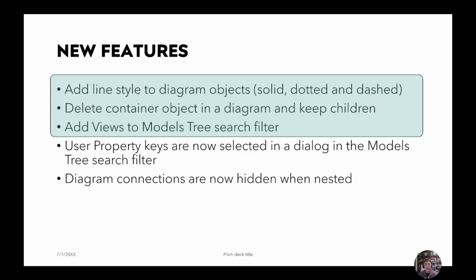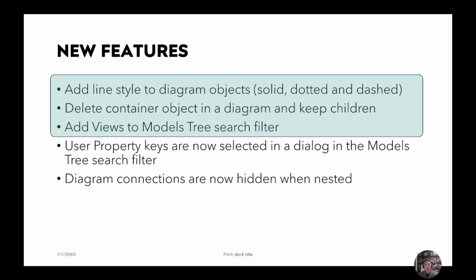First, this user property. When I compared 5.4.3 and 5.5, I couldn't see any difference, but I will create some properties and then show you what I'm looking for. Last but not least is diagram connections are now hidden when nested.